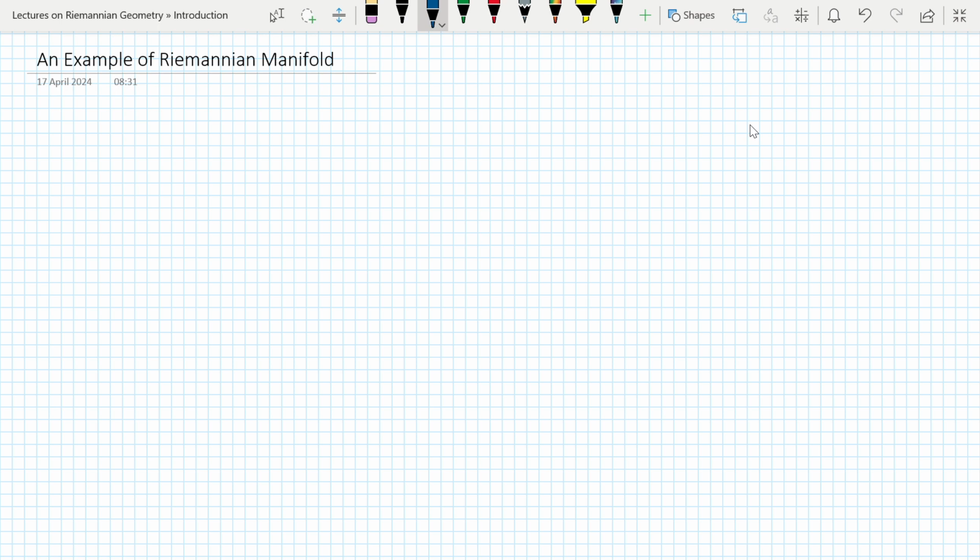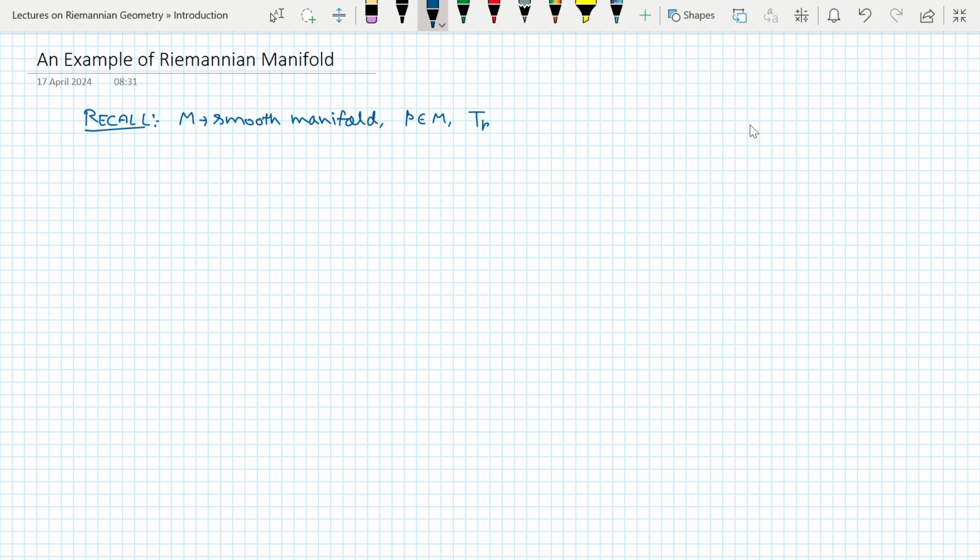Okay, so recall, how did we define the Riemannian metric? You have your smooth manifold and some point P belongs to M. At each point of the smooth manifold, you have the corresponding tangent space, TPM.